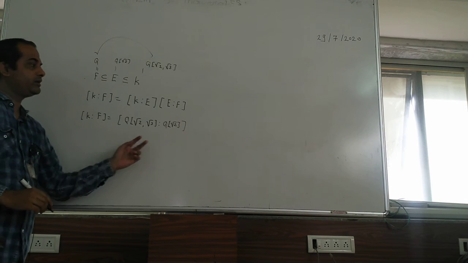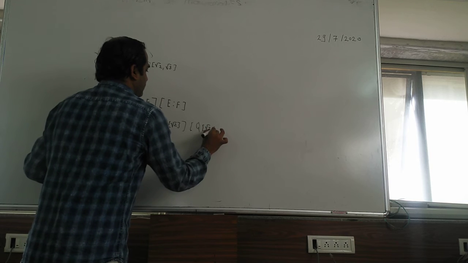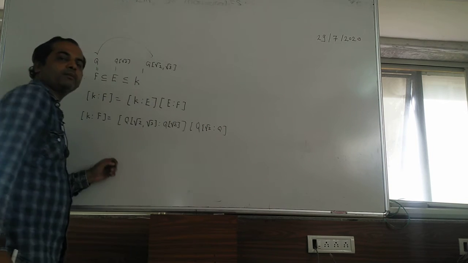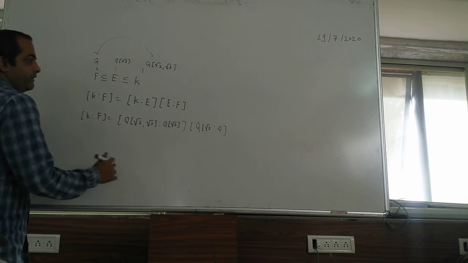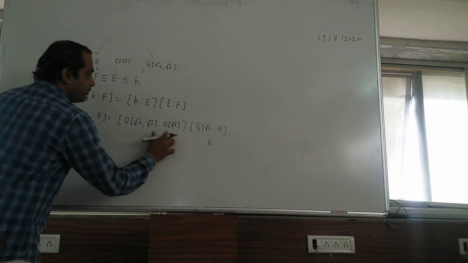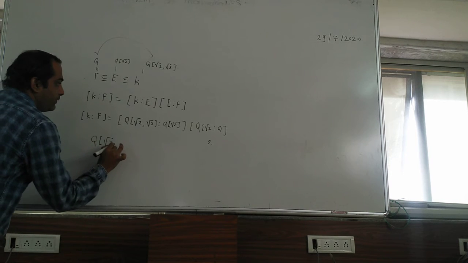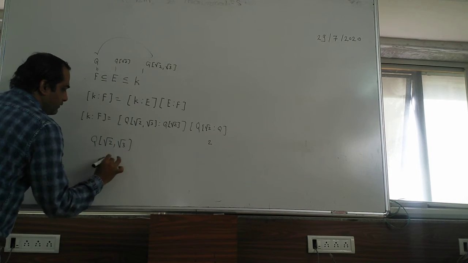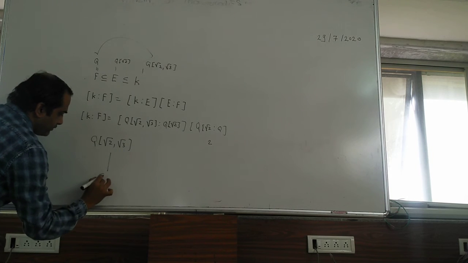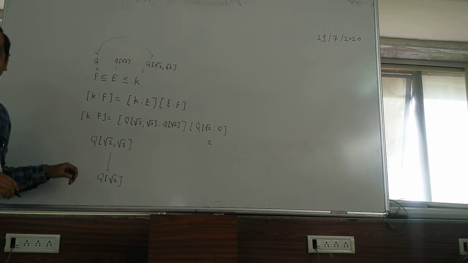Now Q of root 2 over Q we have already found out; this is 2. Now how to find Q of root 2 comma root 3 over Q of root 2? This is what I wanted to find out.